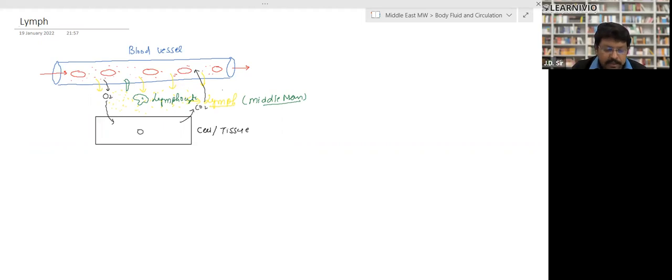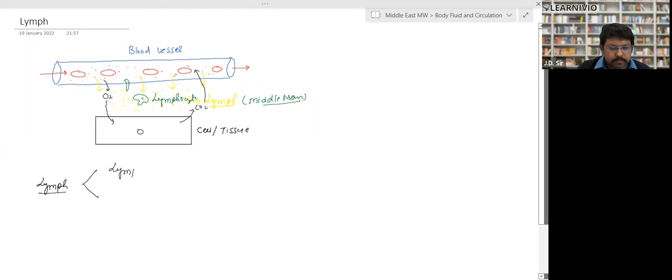Please make this diagram, then I will explain some points for you. Lymph is made up of two things: lymph plasma and lymph cells, or corpuscles. And the lymph corpuscles are mainly leukocytes, lymphocytes.